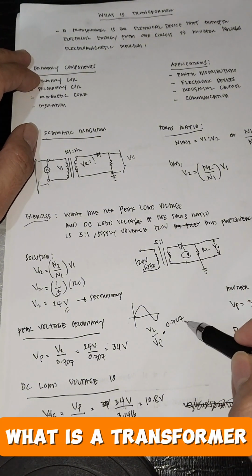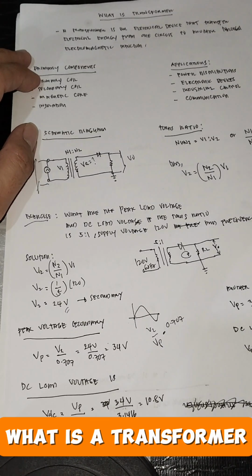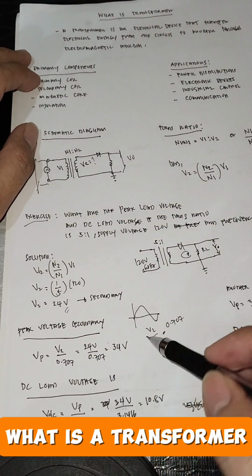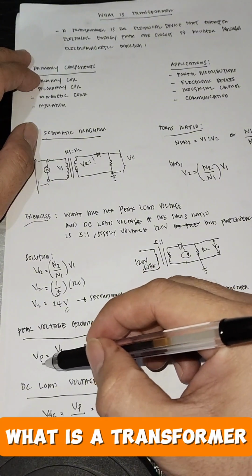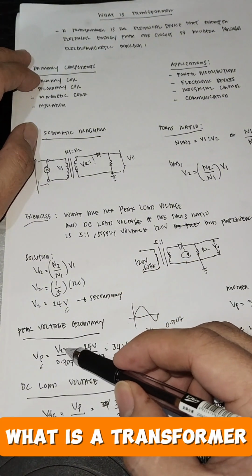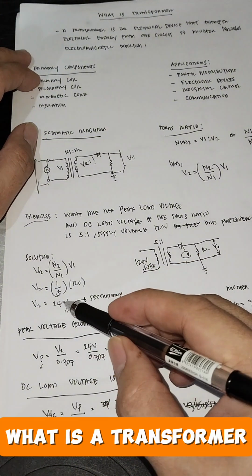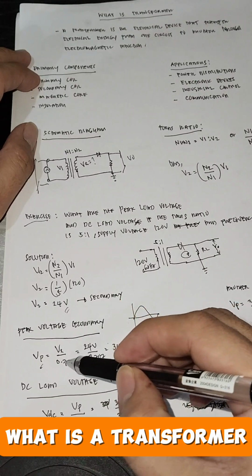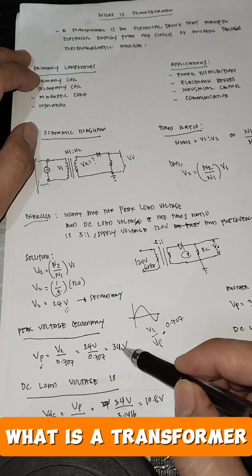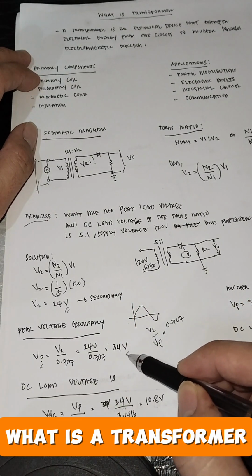What is 0.707? This is the ratio of the VRMS over the peak voltage. Since we are looking for VP, or peak voltage, and we already have a value for V2, 24 volts over 0.707, we have 34 volts at the secondary voltage.